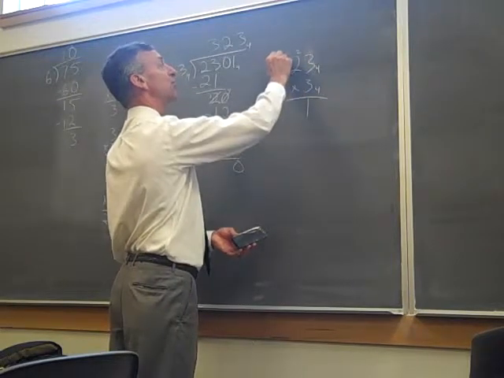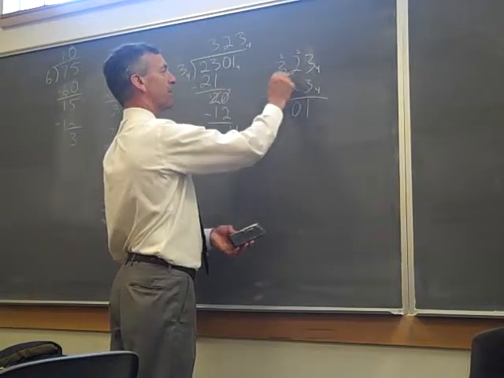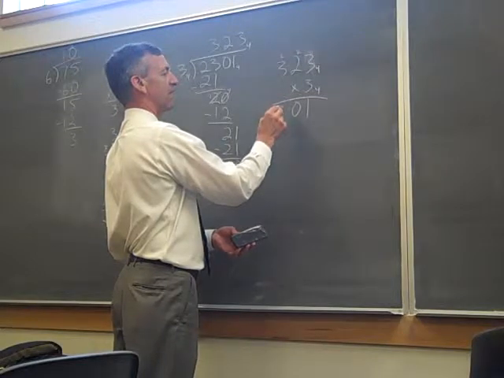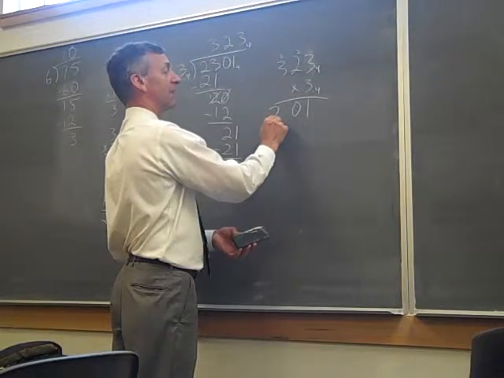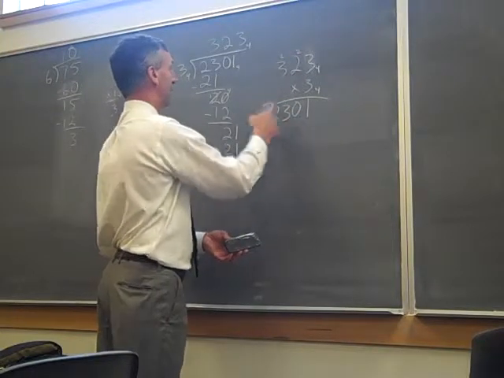That is 2 groups of 4 with 0 left over. 3 times 3 is 9, plus 2 is 11. 11 is 2 groups of 4 with 3 left over.